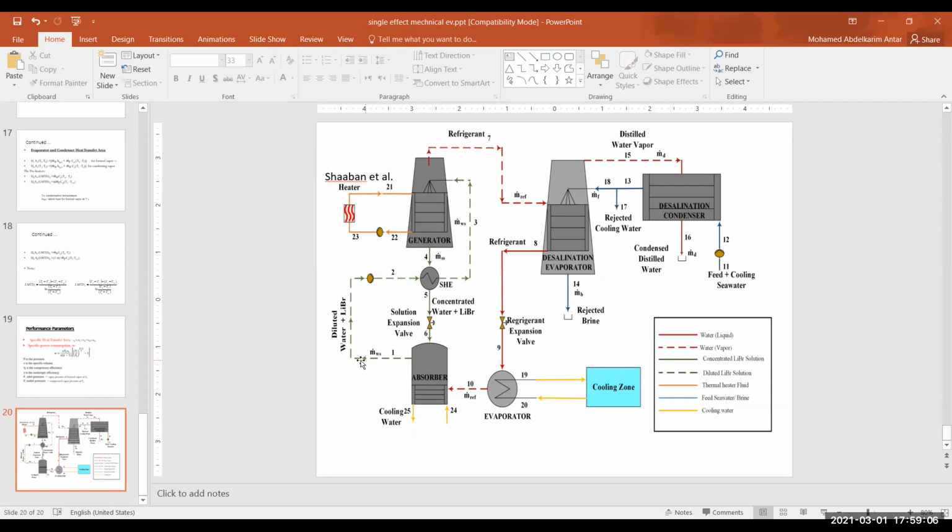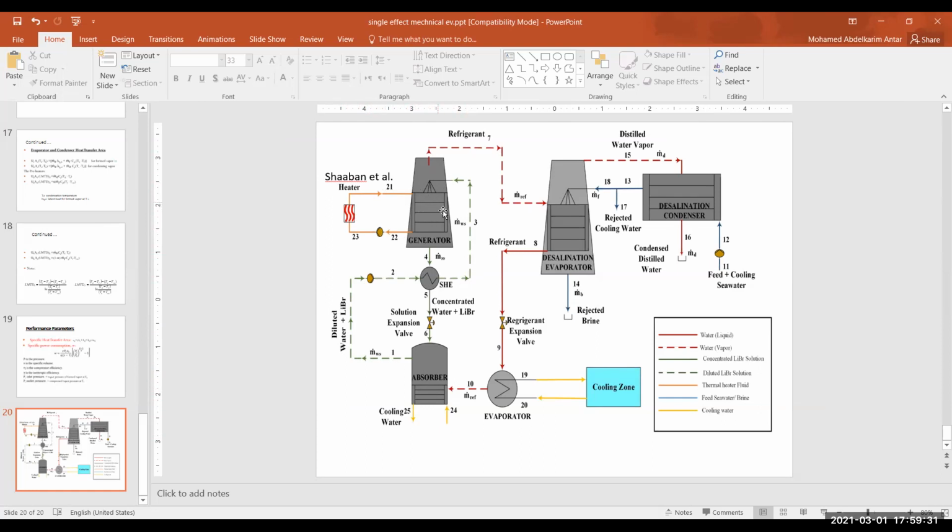Then you take this diluted solution and you pump it. And while you are pumping it, you are preheating it by passing it through a heat exchanger. The heat exchanger is going to preheat it, and then it will be sprayed here. When it is sprayed here, you are basically allowing for heat addition to this unit. The heat addition, what does it do?